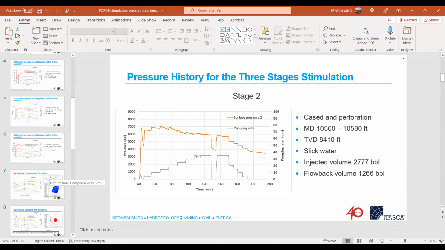Number one question I have, first of all, I want to compliment the effort. There's a tremendous amount of data. I love the data. But my first question is, the formation itself is pretty tight. It has got a lot of large fractures in it, which is mapped by DFN.